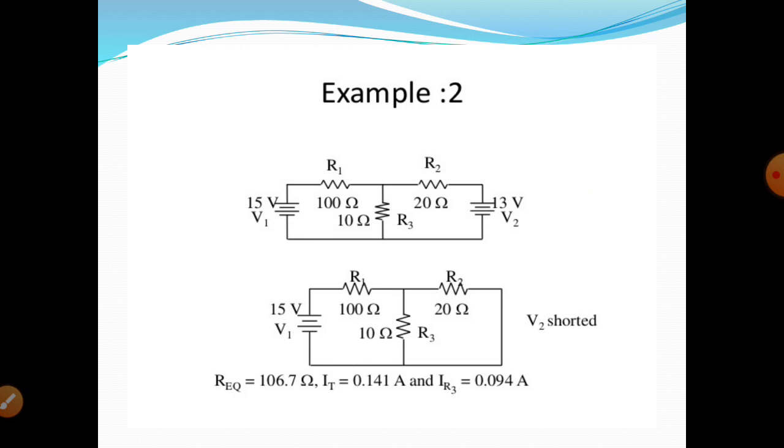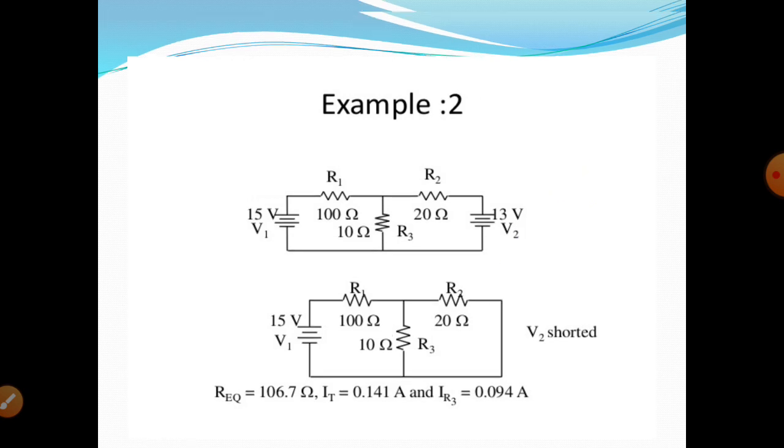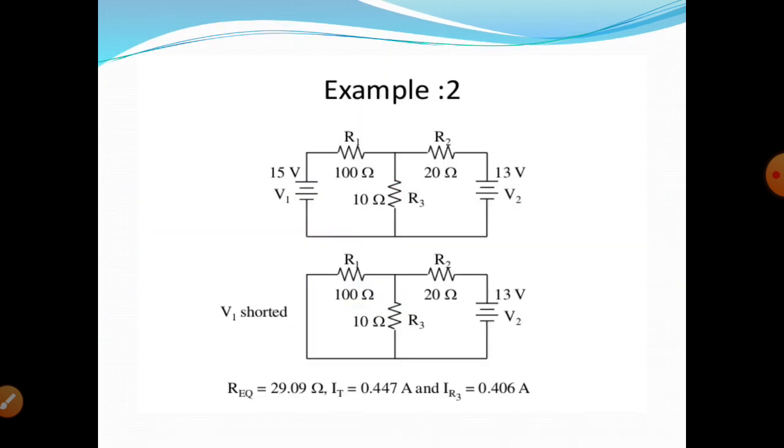We find the values of I1 and I2 by applying mesh analysis, and then find the values of IT and IR3. Step 2: V1 is short circuited and we find the values of I1 and I2.